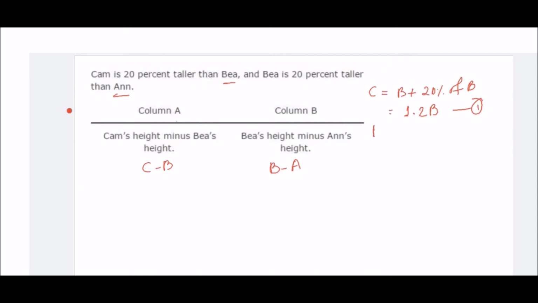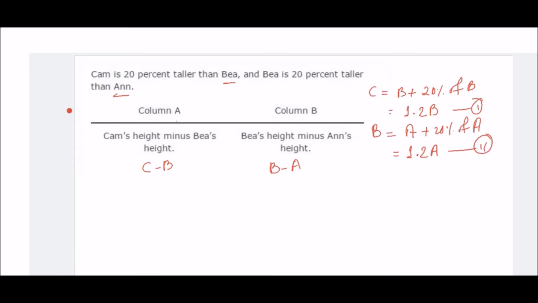Next condition is B is 20% taller than A, A plus 20% of A, that makes 1.2 A. Second equation.